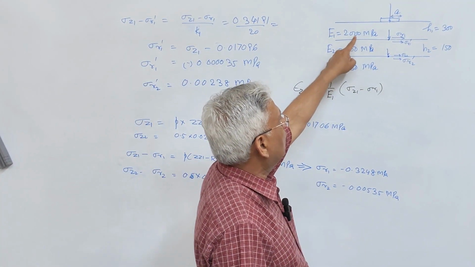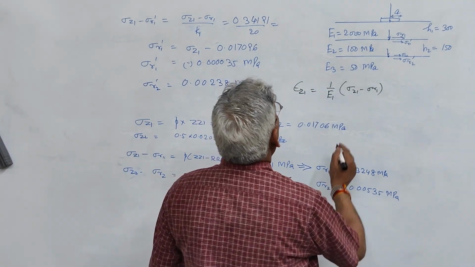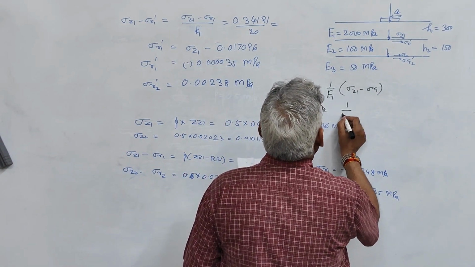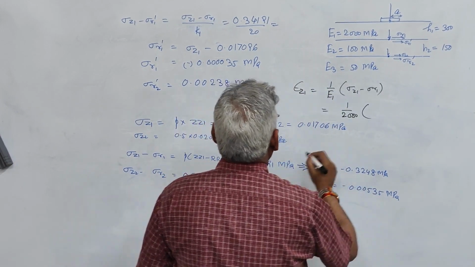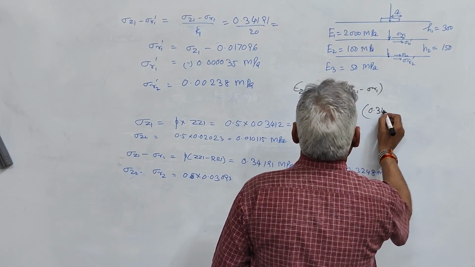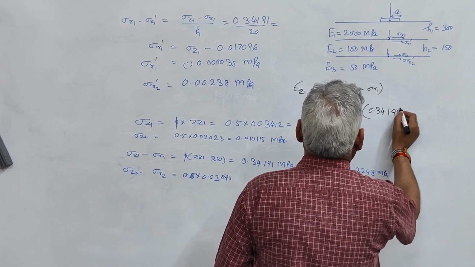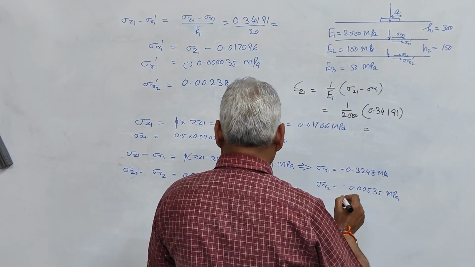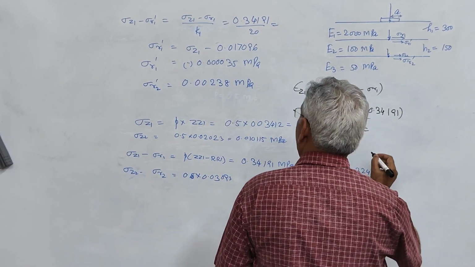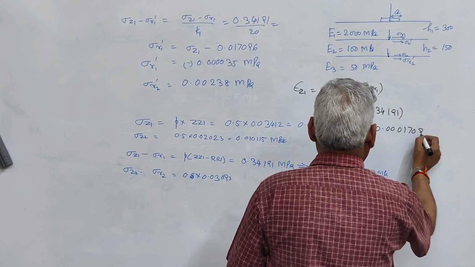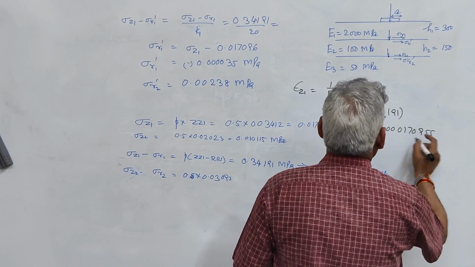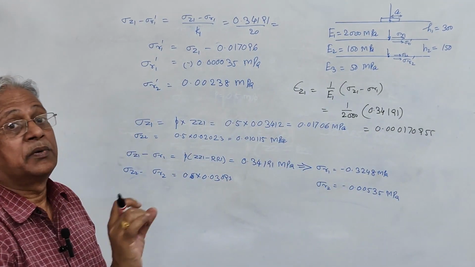E1 is 2000 MPa and therefore this value will be 1 upon 2000 into 0.34191, or you can say that this value is 0.00017095, and this is positive and therefore this is compressive strain.